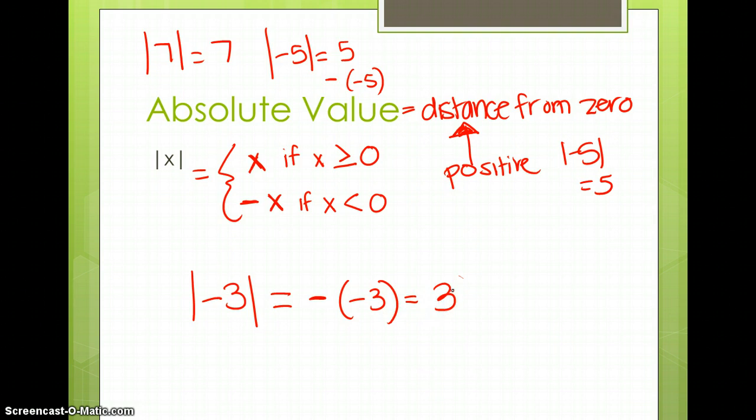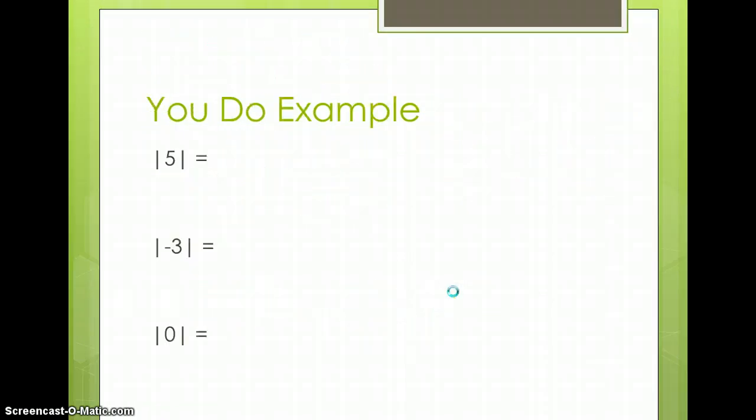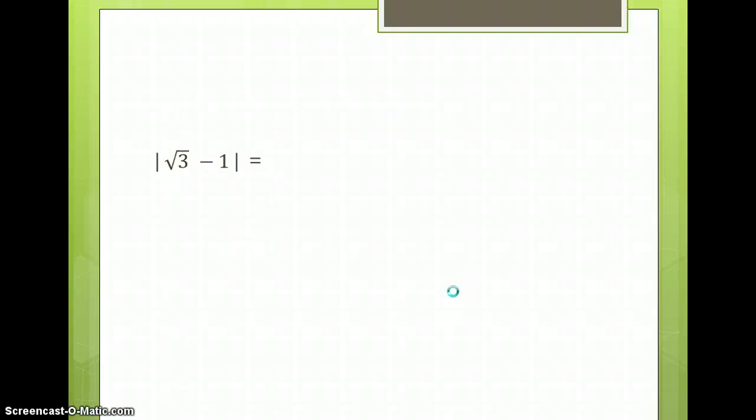You don't have to go through that thought process for most numbers, but when we get into a little bit more complicated situations, you're going to need to. So our quick examples for absolute value, I think you can take care of those pretty easily. Absolute value of 5, absolute value of negative 3, and absolute value of 0. But when we get to something a little bit more complicated, you have to do a little bit of thinking.